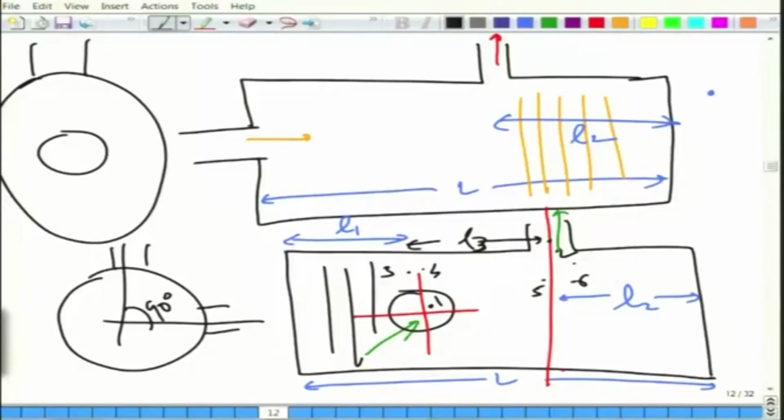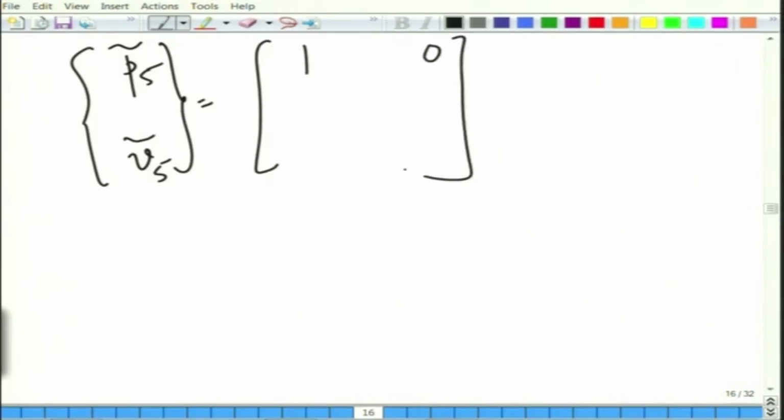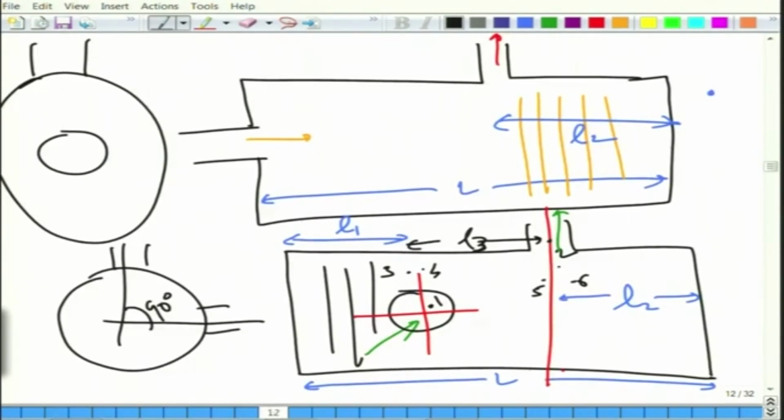So, P5 and P2 are then related. It is fairly simple to note that they are related by the following expression: [1, 0; 1/Z2, 1], where Z2 is nothing but P6 by V6, the annular cavity impedance seen right at this interface.